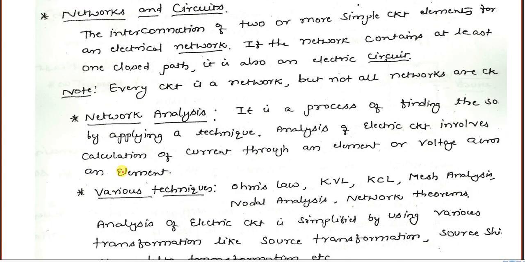So next we have important definitions. What is the difference between circuits and network? Interconnection of two or more simple circuit elements like resistors, voltage sources, is an electrical network.